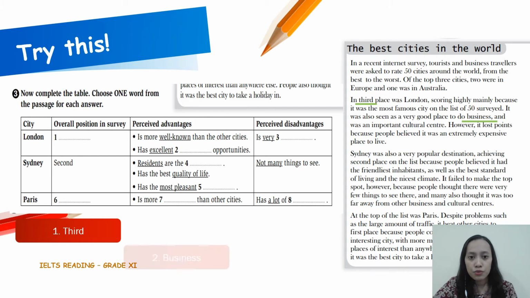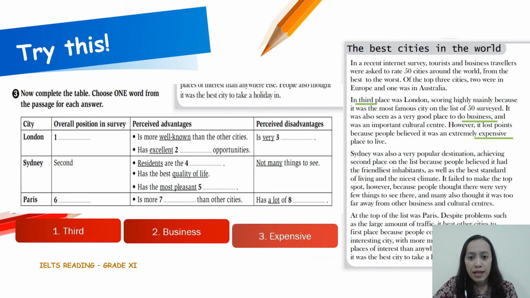So for number 2, we can put business in the second blank. And the third blank is perceived disadvantages. It is talking about the negative aspect of London. In the second paragraph, it can be found that London was very expensive, a very expensive place to live. So you can put the word expensive in blank number 3.